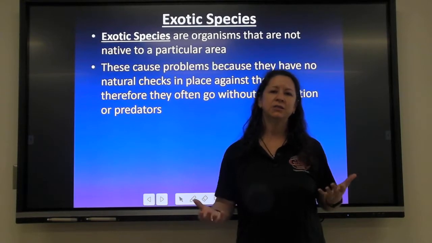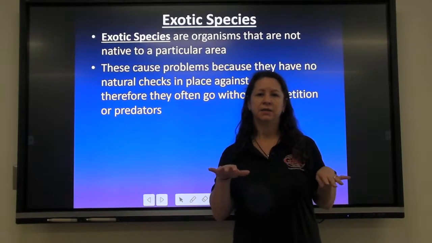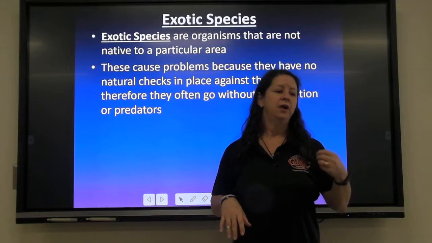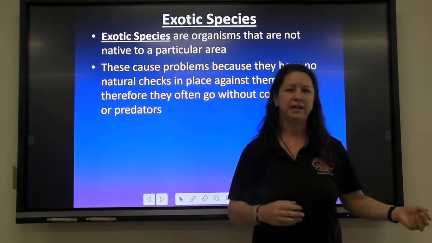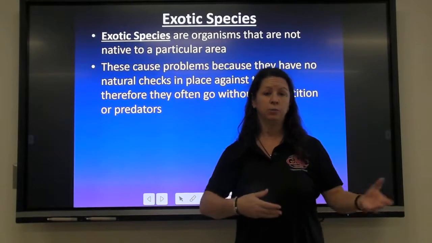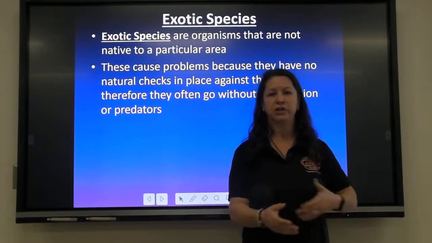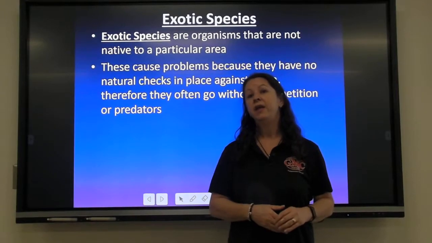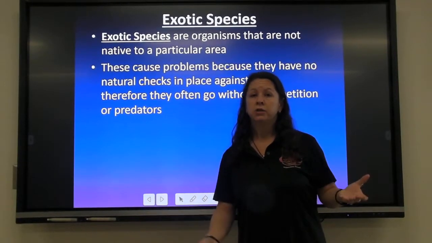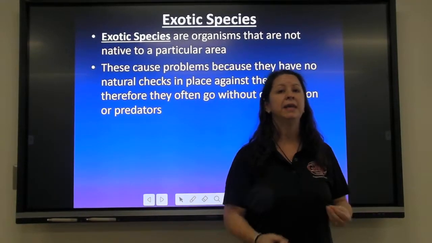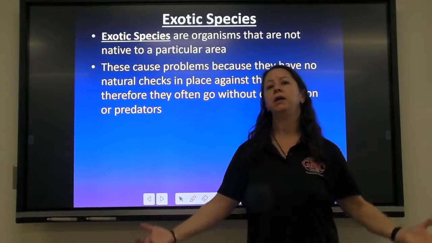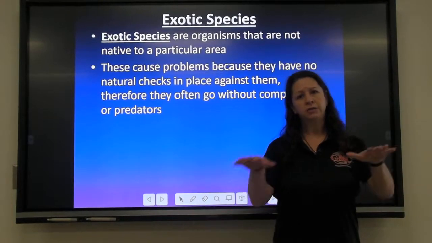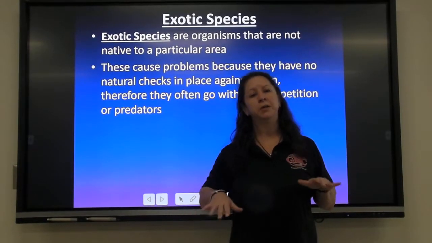They have this system of checks and balances. Okay, there's just enough plant life to feed all the herbivores that are wanting to eat it. And there's just enough animal life for the predators to actually have enough food and stay alive. And there are enough predators so that you don't get too many herbivores that then eat too many plants and kill off the entire environment. So everything stays nice and level and in a balance.